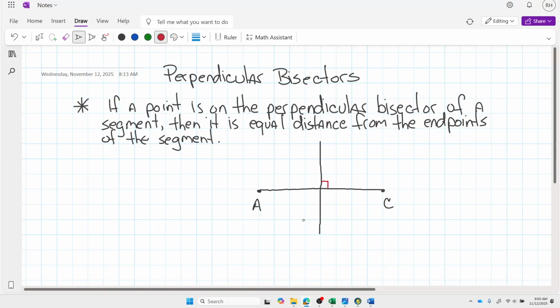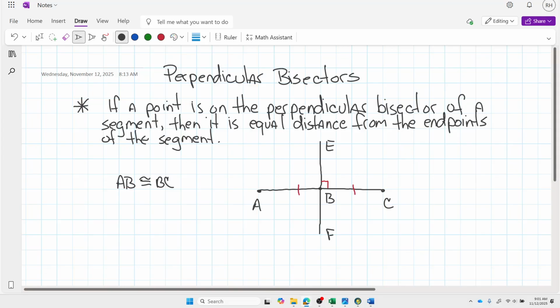And if it's a bisector, it cuts it into two equal pieces. So in this case, if the point of intersection is point B, then AB is congruent to BC. And if we call this EF, then EF is a perpendicular bisector of AC.